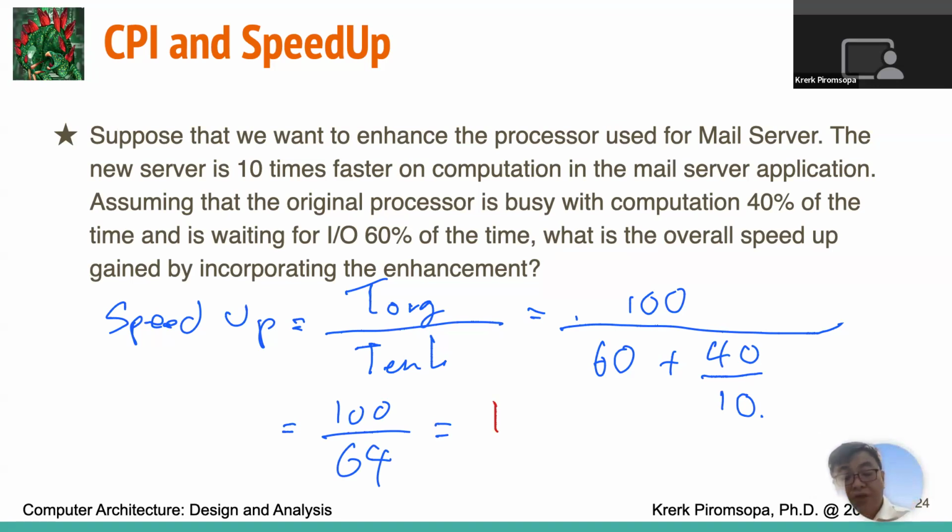If my memory serves, it should be 1.25 something, right? 1.56, sorry. 1.5625. I think your memory serves, but okay. Got it? Pretty simple, right? This one.